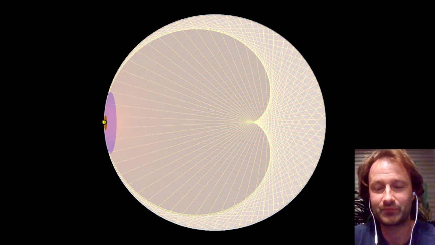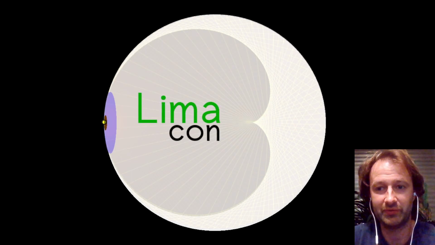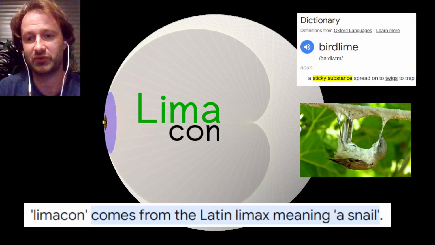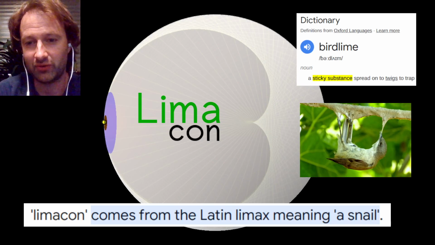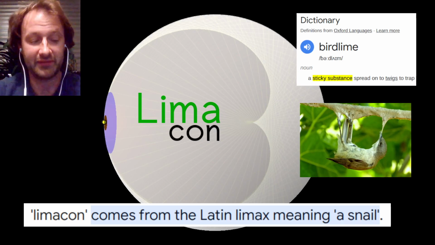Well, here is an image that I made where you can see this a bit better, and the limacon is there. Yes, indeed it is. And what more? Limacon comes from the Latin limax, meaning snail, and a snail is slimy.